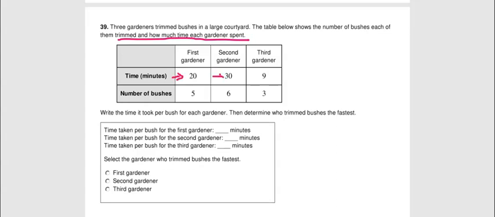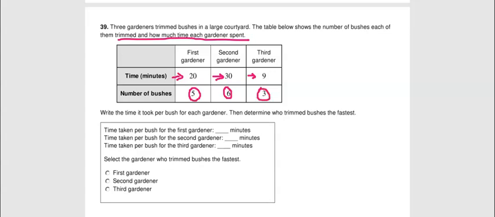The next gardener took a whole half an hour, 30 minutes. And the third gardener didn't do it very long. It was only 9 minutes to trim the bushes. The first gardener trimmed 5 of them in the 20 minutes. The second gardener trimmed 6 in the 30 minutes. And the third gardener trimmed 3 in just 9 minutes.